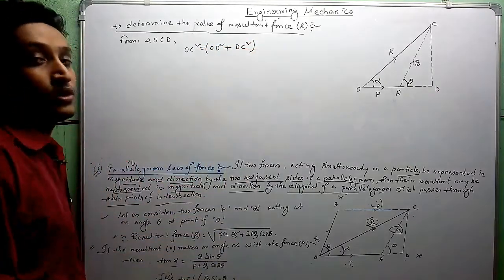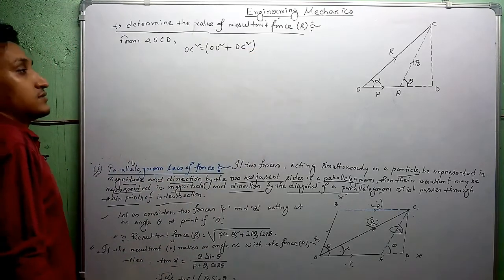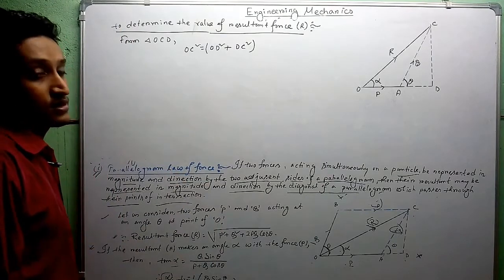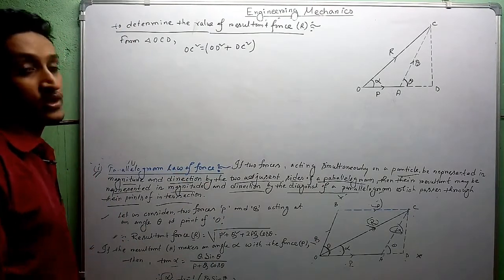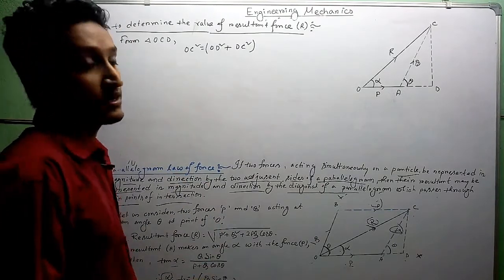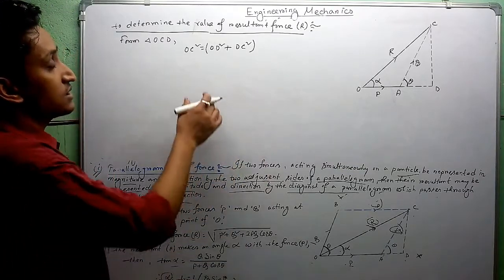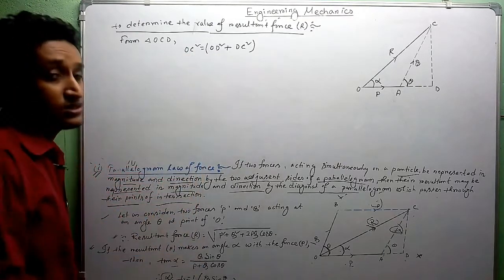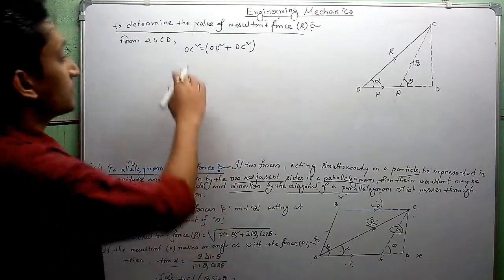We all know the Pythagoras formula: in a right angle triangle, hypotenuse square is equal to base square plus height square. That is why we write OC square is equal to OD square plus DC square.